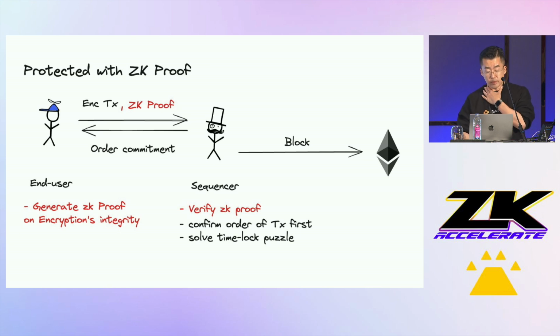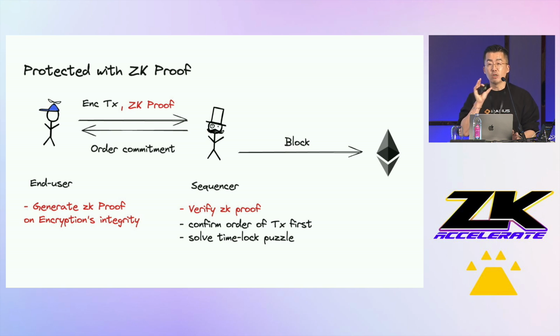So in this way, the end user needs to generate this ZK proof, but the time lock puzzle encryption is really computation heavy. The time lock puzzle is based on RSA group squaring, so it's a sequential computation. Many sequential computations are needed, taking like 1 or 2 seconds on a general MacBook.